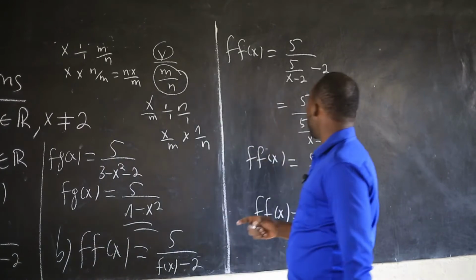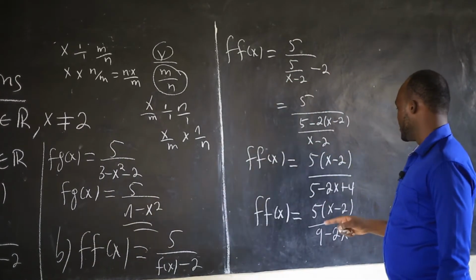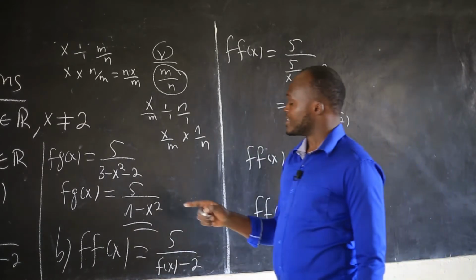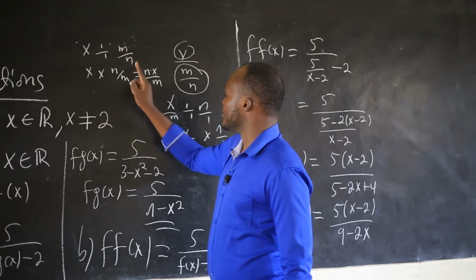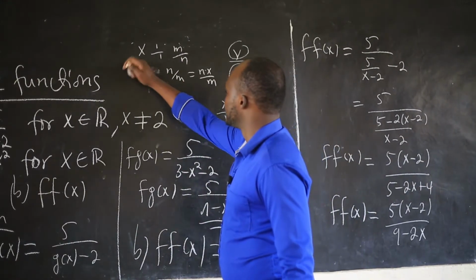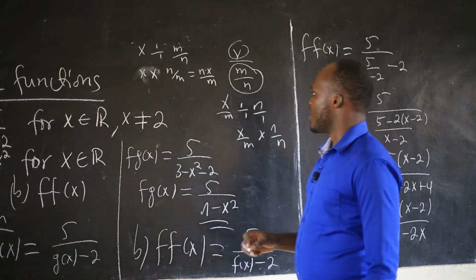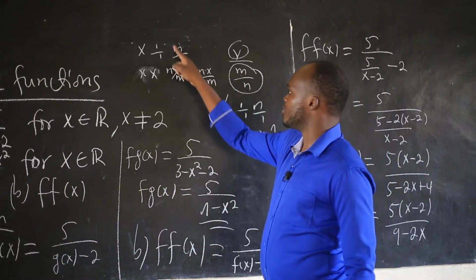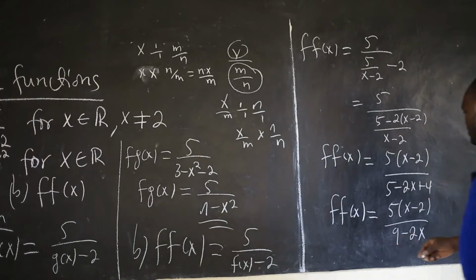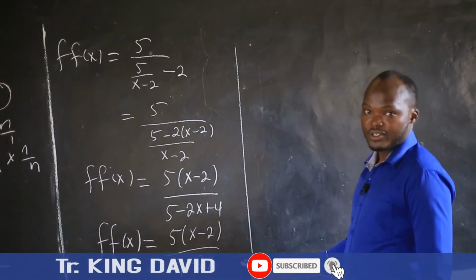Because as you can see here, it is 5 divided by this one, and this is one function. So it is 5 over this as one function. So that's why it is like x divided by m over n. So it will be x times n over m. We will do the reciprocal. After removing the division, we put the multiplication and we do the reciprocal. So that is f of f of x. I hope you don't have any question from there.